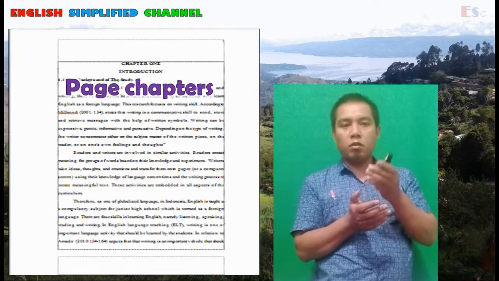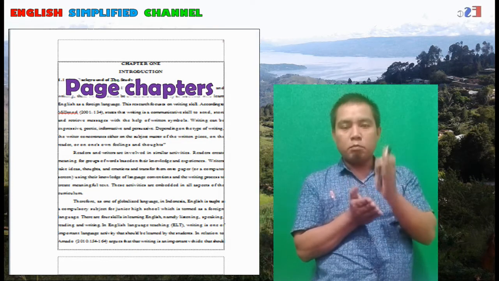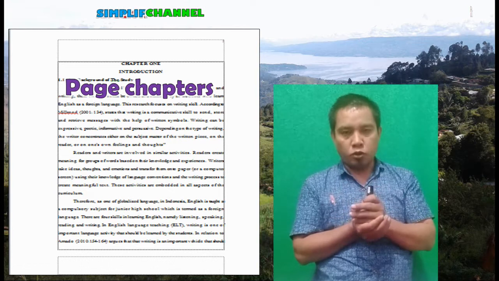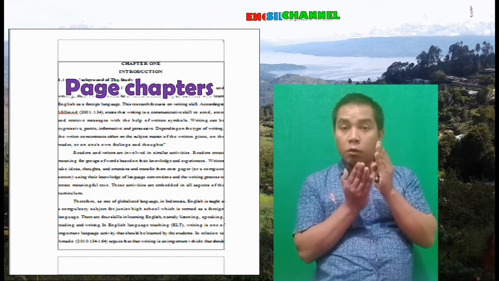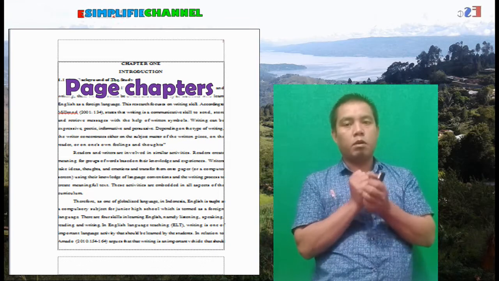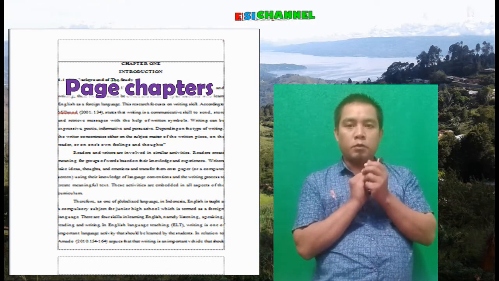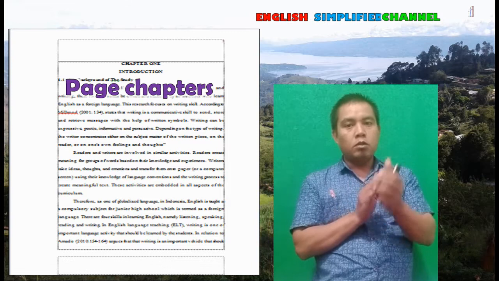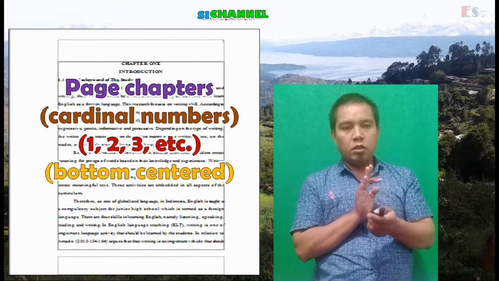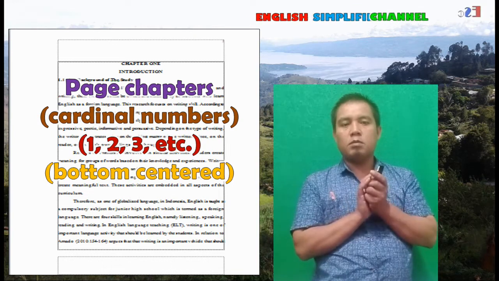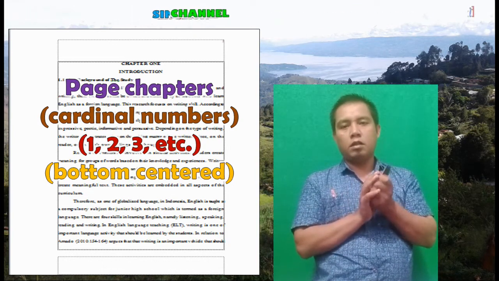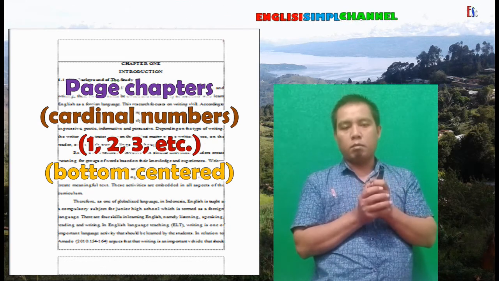While after this, especially this is only for chapter pages. As I already mentioned, there are 3 chapters of a research proposal: chapter 1, 2, and 3. So for these 3 chapters, the position of the page must be bottom centered, and you use cardinal numbers.